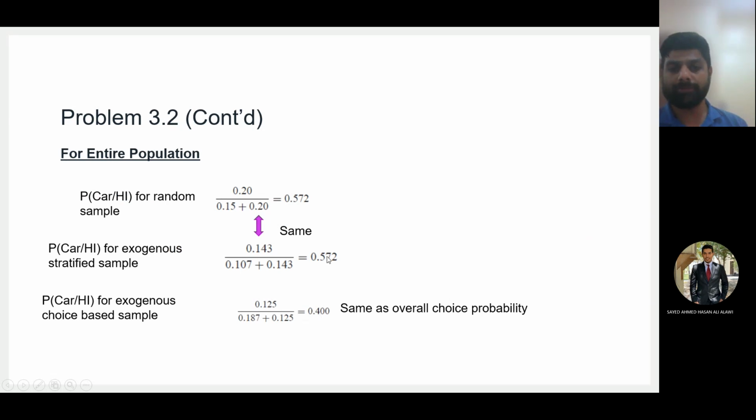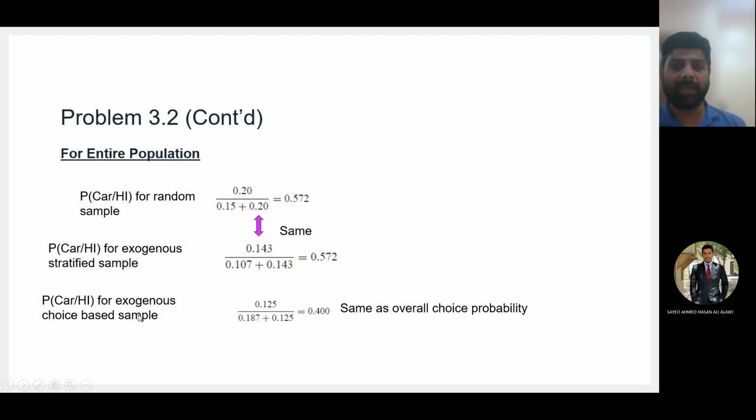So this is not the same as the population probability. Okay, but if you go back to the possibility of a car user, the total possibility that someone is a car user, that is 40% in the entire population.